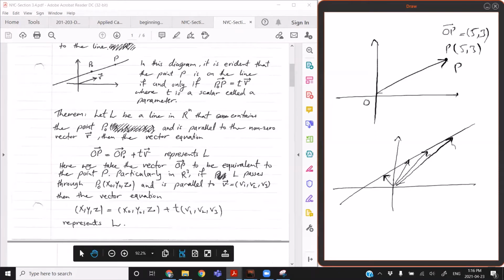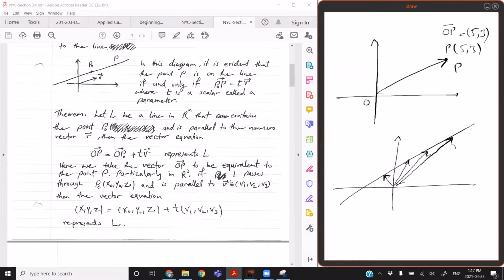So again, I'm going to emphasize that here we take the vector OP to be equivalent to the point P. Then this collection of vectors can represent the line, because each vector is now equivalent to a point.